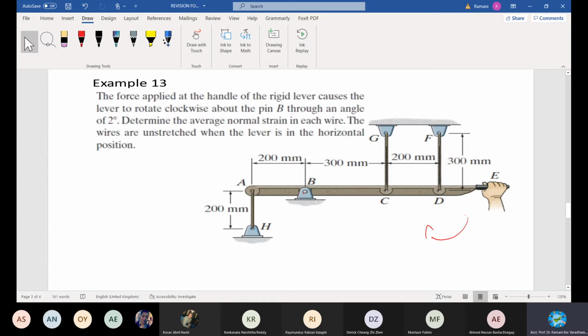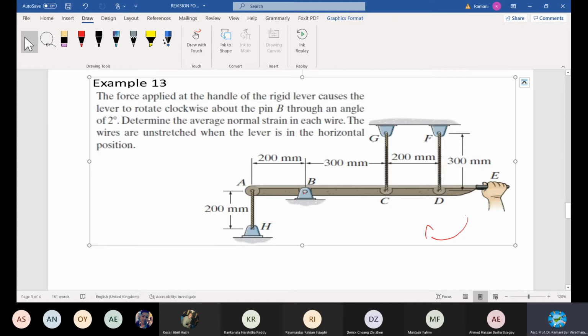All these are at equilibrium when no load is applied at E, with the length of AH as 200, GC as 300 and FD as 300. When no load is applied at E, it maintains 300 and 300.